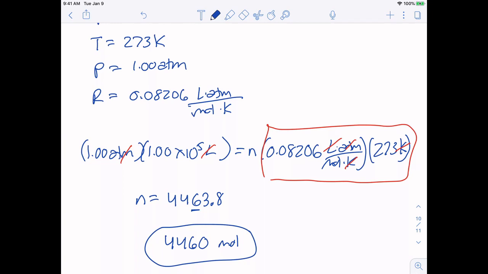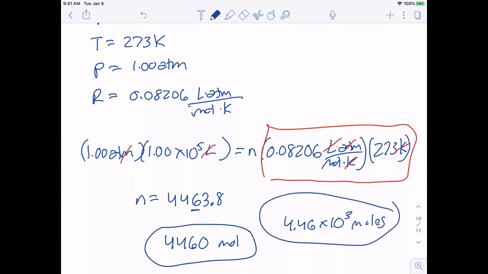Remember, we were using the rule that a trailing 0 with no decimal point doesn't count as far as significance. You could write it in scientific notation, which is probably a more accurate way to do it, times 10 to the 3rd, where we move the decimal place 3 places. Either one of those is fine. They're the same number. So 4,460 moles.